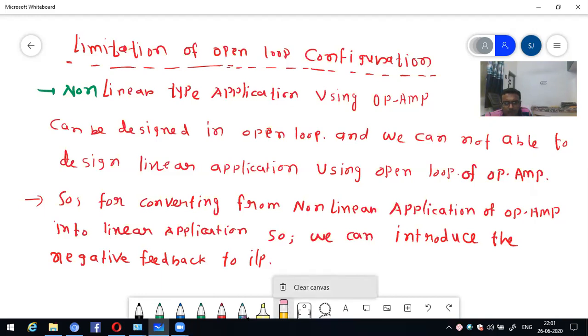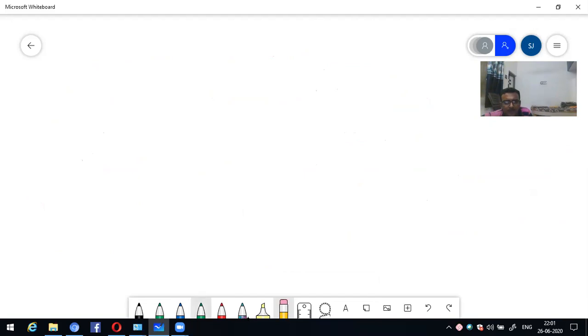So how do we introduce negative feedback? See this diagram very carefully. This is plus VCC, this is minus VEE. This can be connected with ground.